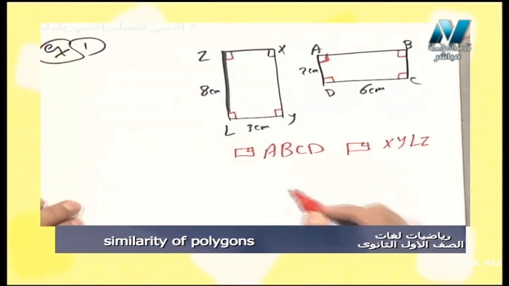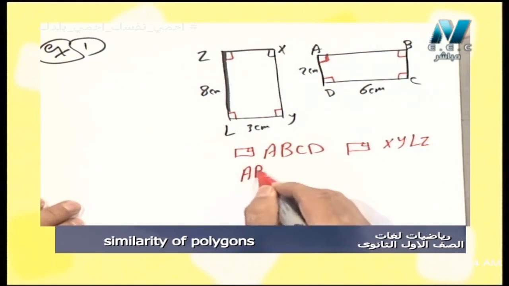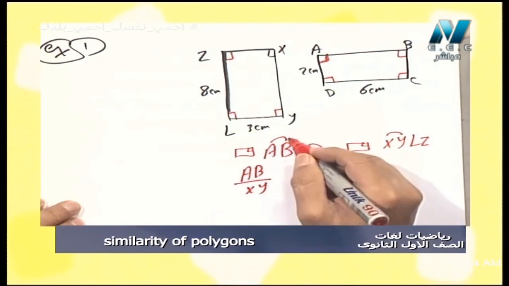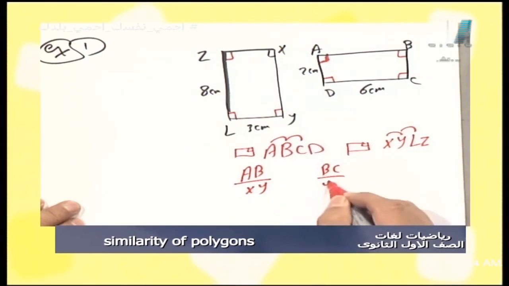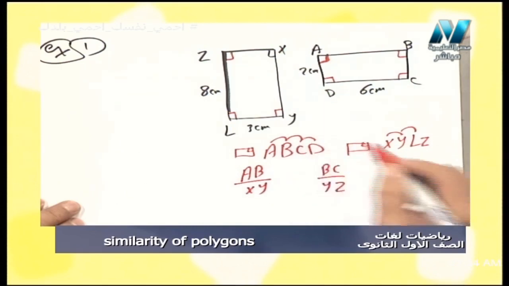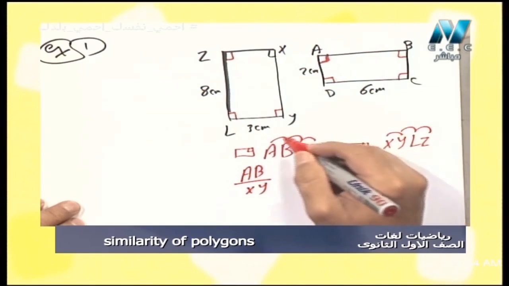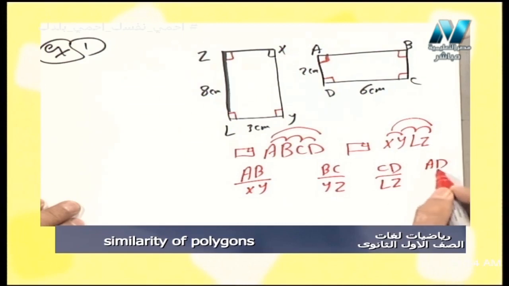Okay, try to find AB over XY, of course, BC over YZ, CD over LZ, and finally AD over XZ.